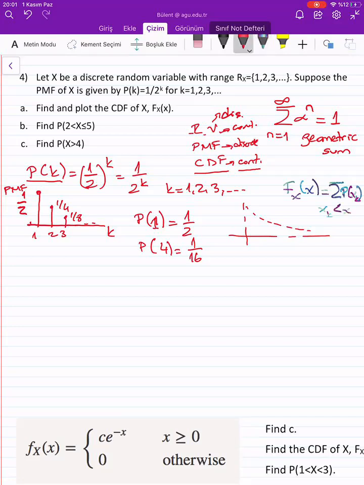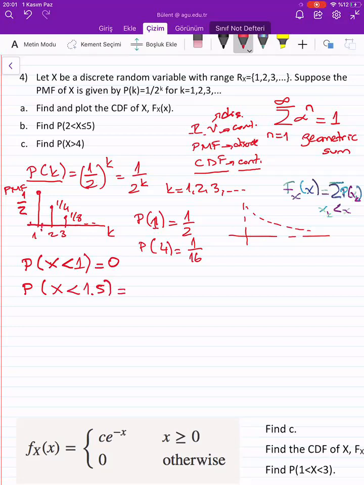So we were adding the probabilities. For example, what's the probability of X less than 1? It is 0, right? What's the probability of X less than 1.5?